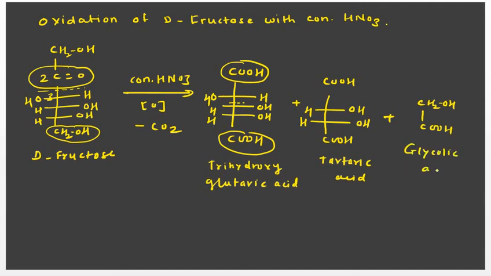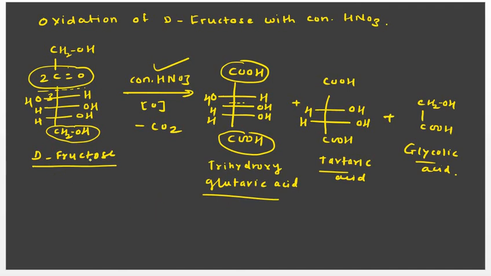Glycolic acid. So we can say that when this D-fructose is oxidized in the presence of concentrated nitric acid, we can expect three products. One is glutaric acid, then tartaric acid and glycolic acid. So you have to remember this reaction. This is an important reaction. This is not like D-glucose.